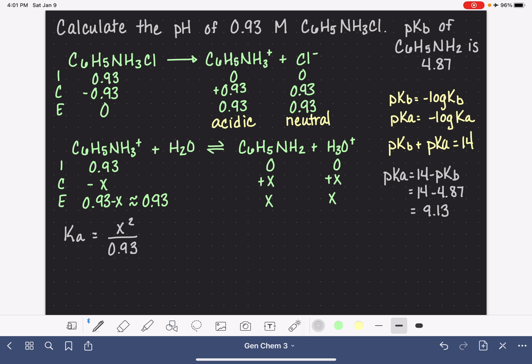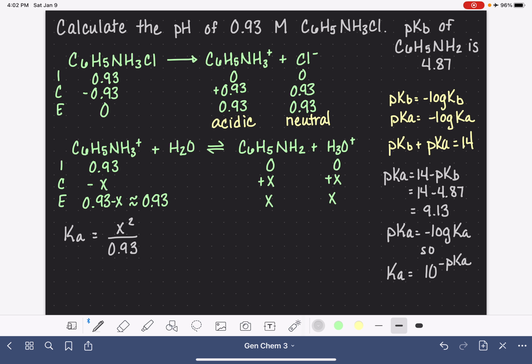And now that we know the pKa, let's use our regular properties of pKa, just like pH or pOH. If the pKa is the negative log of the Ka, that means that Ka is 10 to the negative pKa.